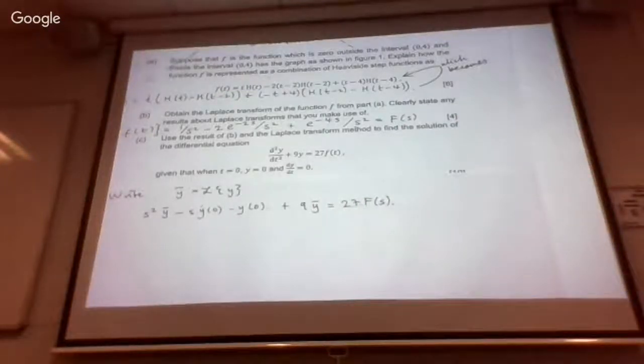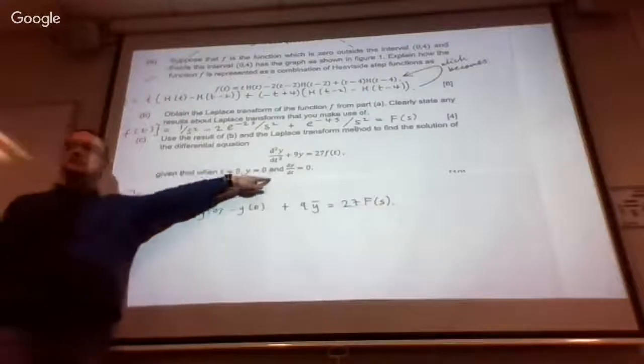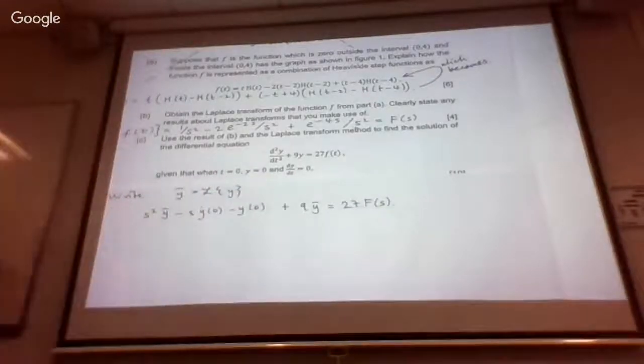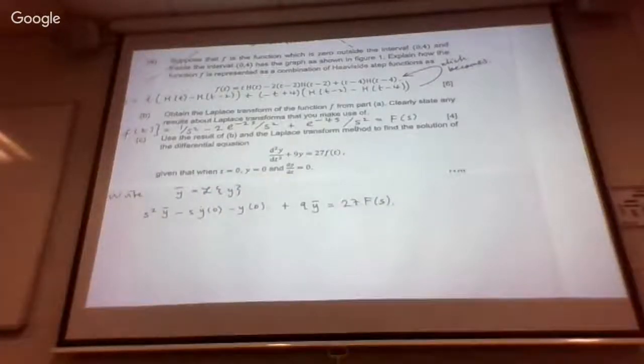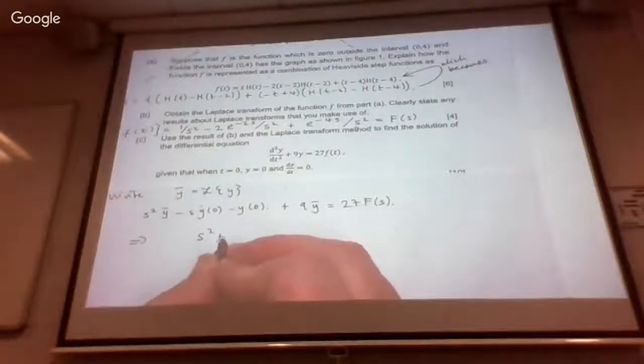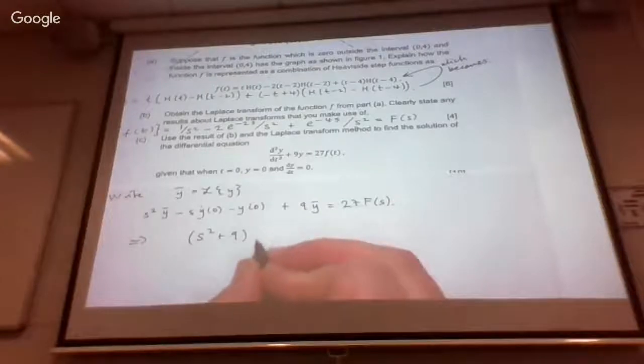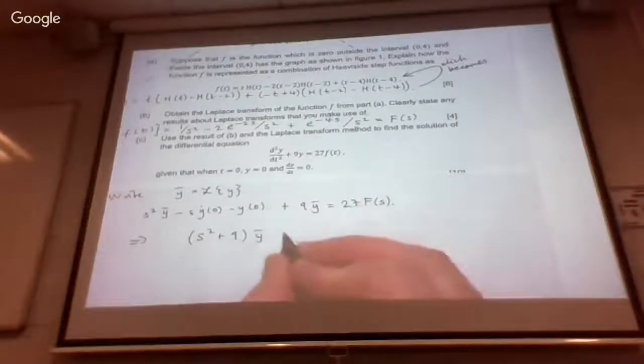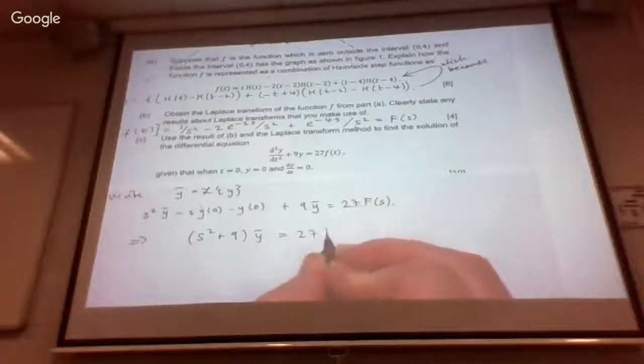Next, we introduce our given initial conditions, which simplify it again a bit. So we get s squared plus 9 times y bar equals 27 F of s.